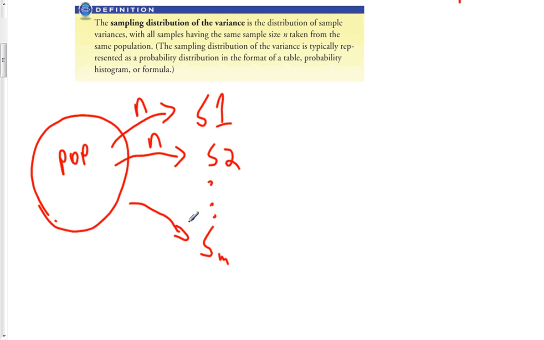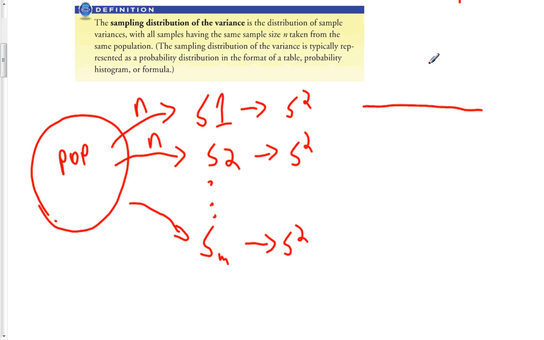And then instead of calculating the means for these samples, we're going to calculate their variances, s squared. So we're calculating the variances for these samples, and once we've calculated all the variances, we're going to create a probability distribution based on these sample variances. So the random variable here is going to be s squared.